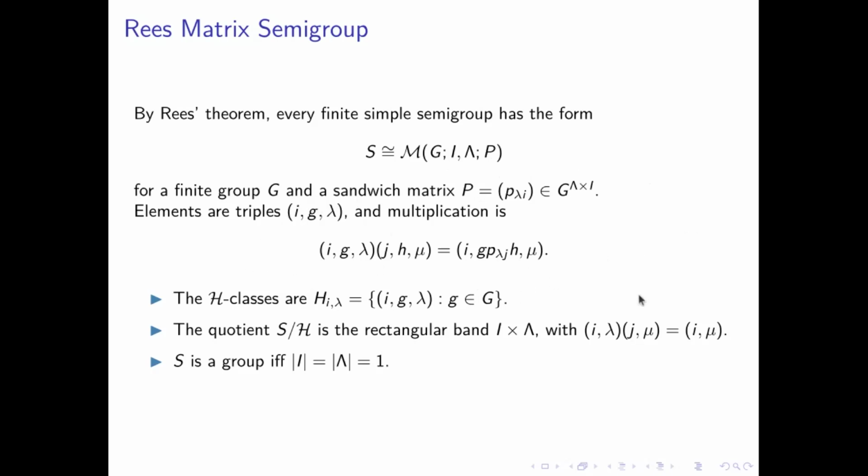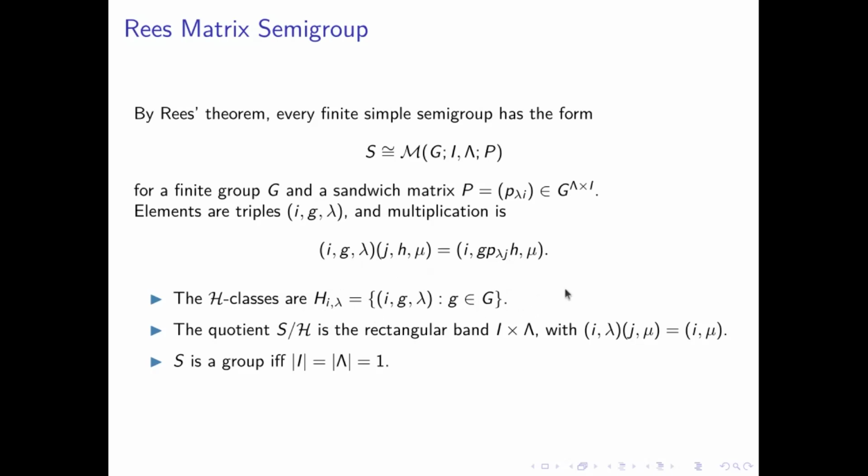The Rees matrix semigroups are defined as these triples, and the multiplication is essentially this: you have two elements, (I, G, lambda) and (J, H, mu), and we take the first index from the first element and the last index from the second element. For the group element, we multiply G and H, but with the sandwich matrix element in between, taken from the lambda row and the J column.